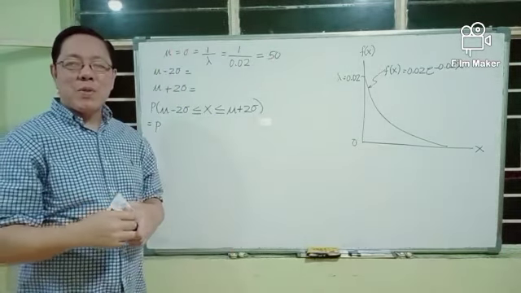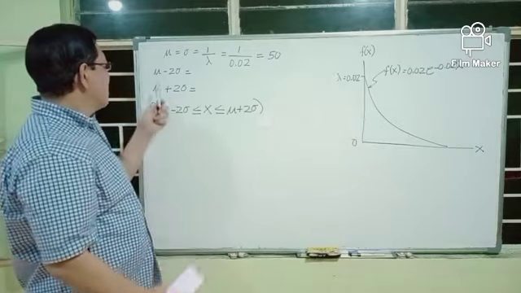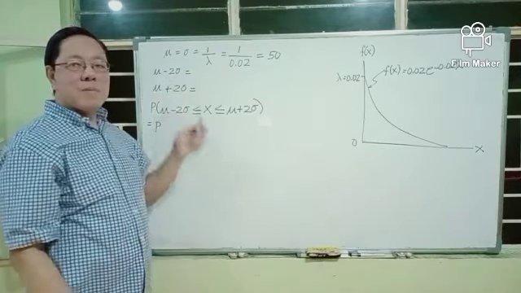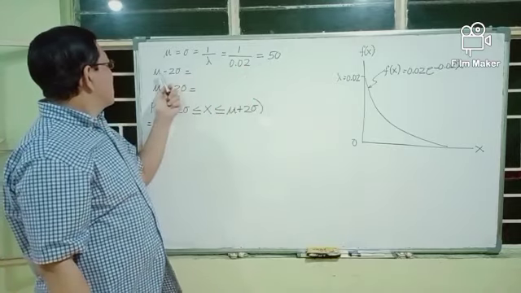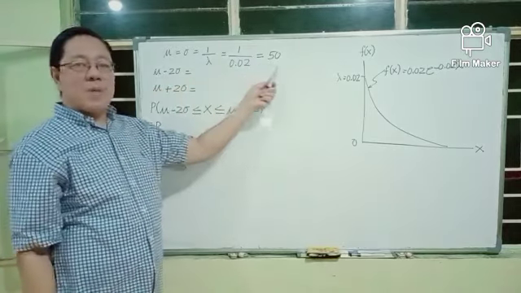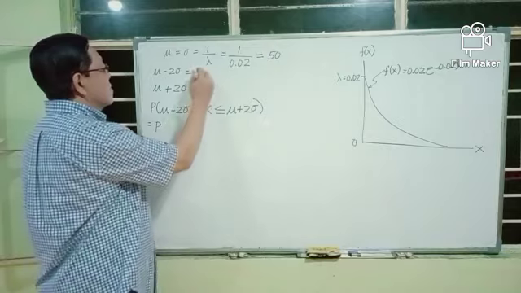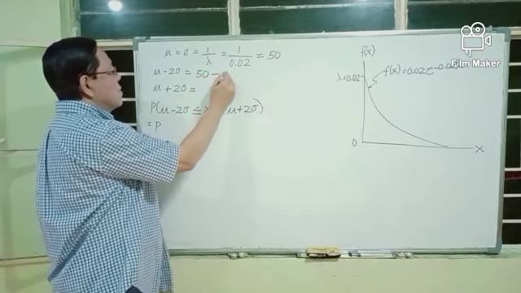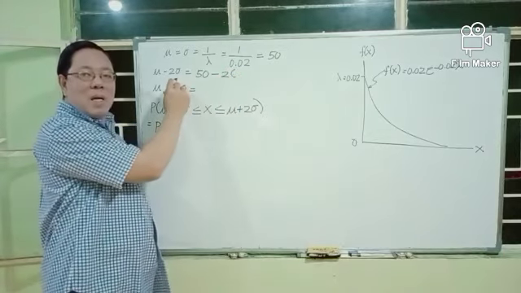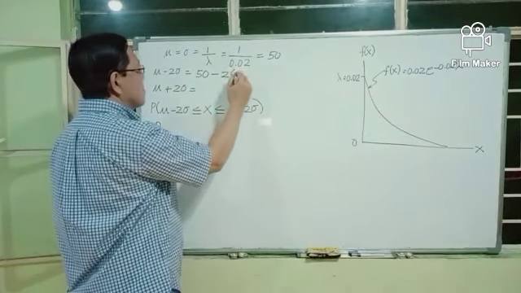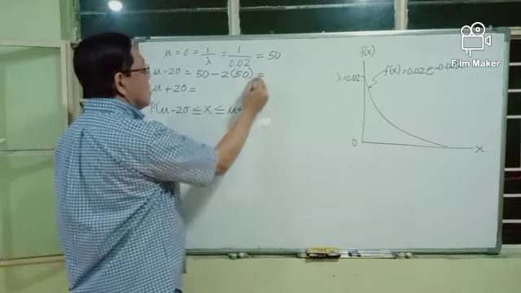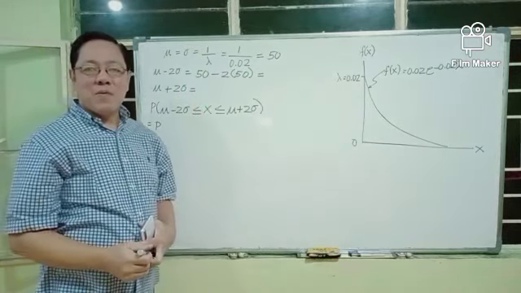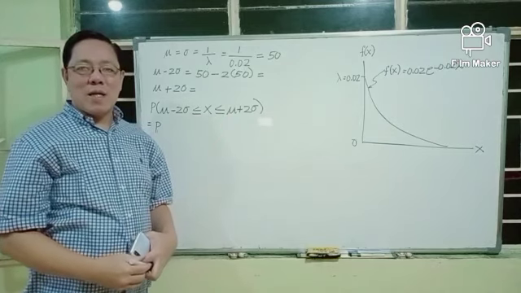We can now compute the value of mu minus 2 sigma, where mu is 50, minus 2 multiplied by sigma, which is 50. And 50 minus 2 times 50 is 50 minus 100, equals negative 50.